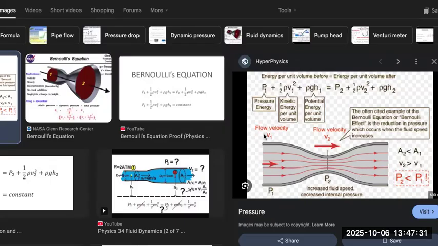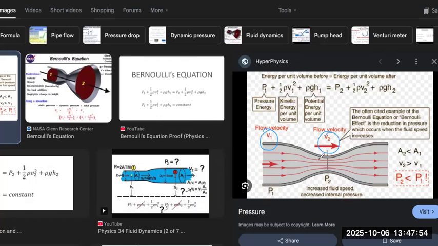Okay, so over here we have energy per unit volume before and energy per unit volume after. So basically, this is an example of how to apply Bernoulli's principle and what we set equal to each other. Over here, we have flow velocity of 1 and flow velocity of 2.